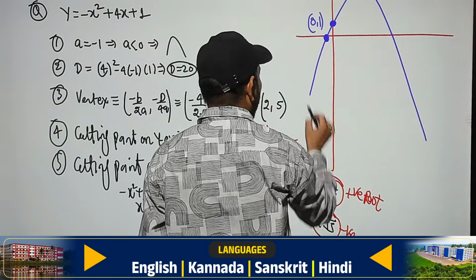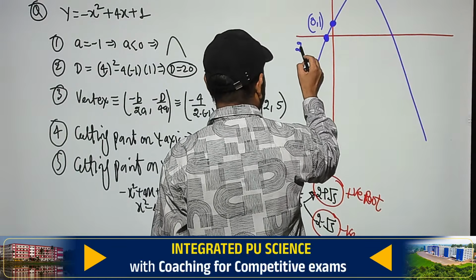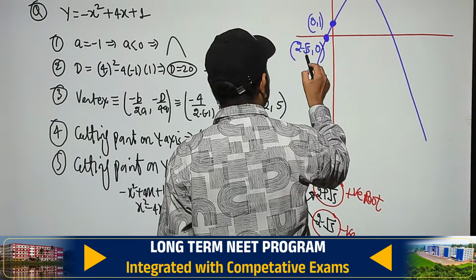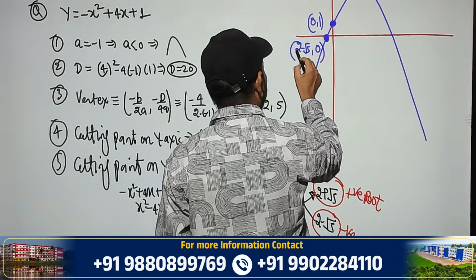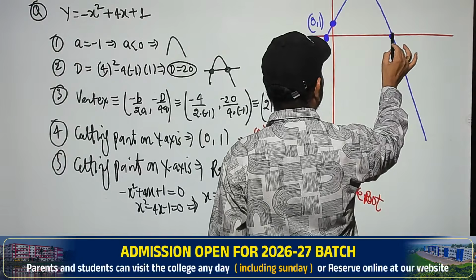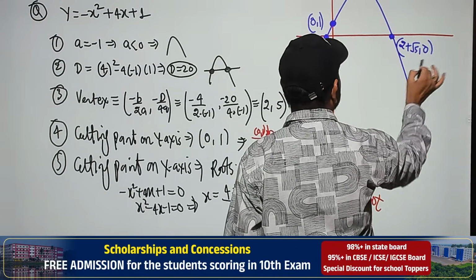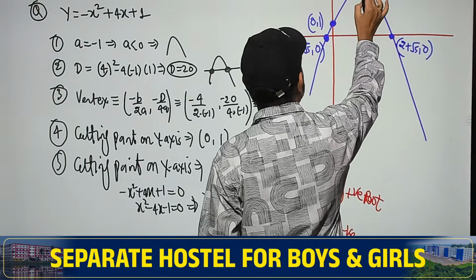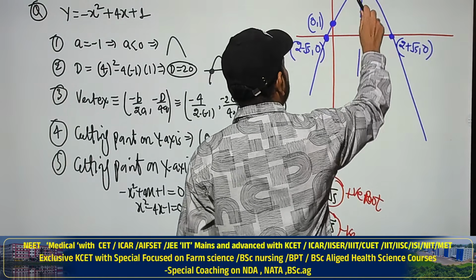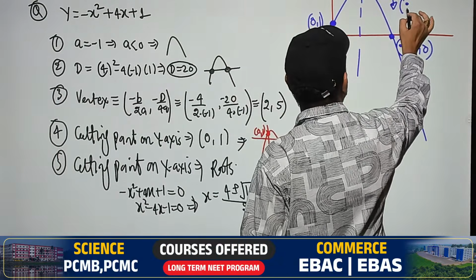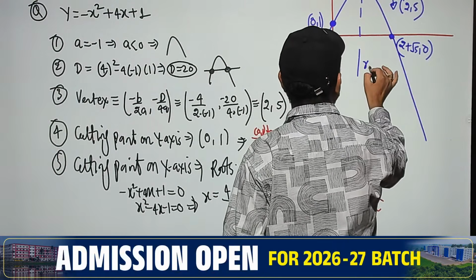This cutting point is 2 minus root 5, comma 0, which is negative. This is 2 plus root 5, comma 0. This point is the vertex, which I am writing downside, 2, 5. And this line is x equal to 2.